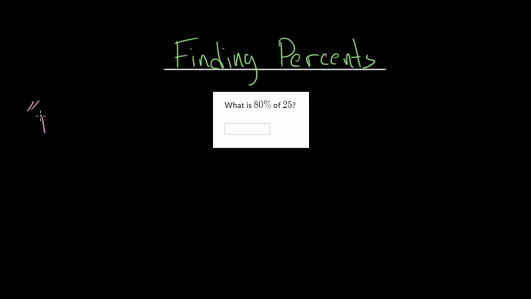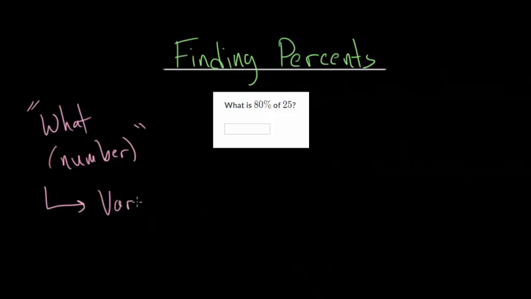But if you ever see something like what or what number, where it's kind of up for question exactly what they're talking about, or maybe there's a value missing, this is your variable. So when we say what here, this is referring to the number that you're trying to find. And usually we'll just use x, but you can use whatever letter you want for that.